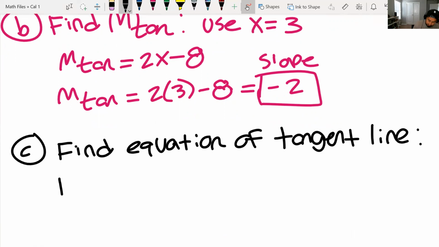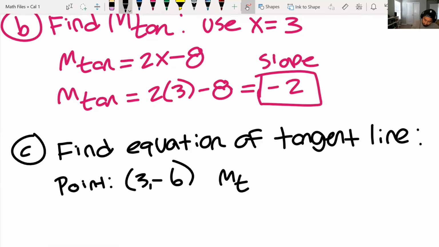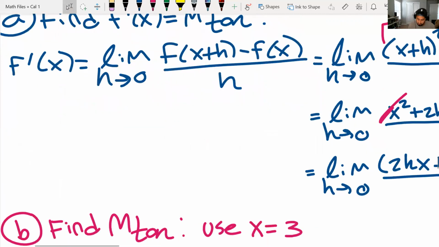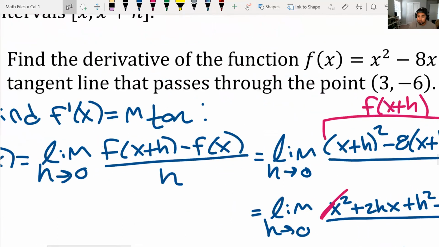They give us a point of 3, negative 6, and we found the slope, which is negative 2. Those are the two ingredients we need, a point and a slope.